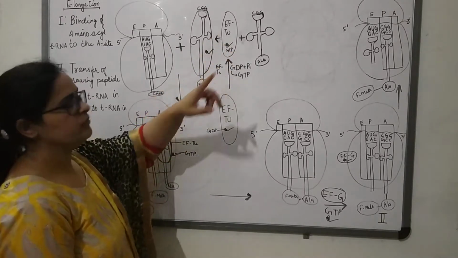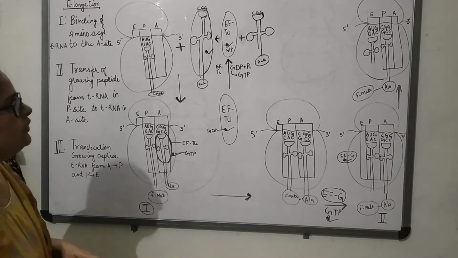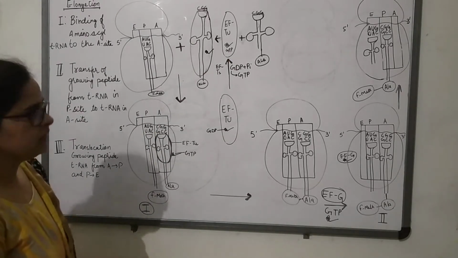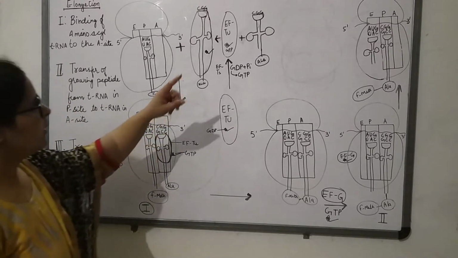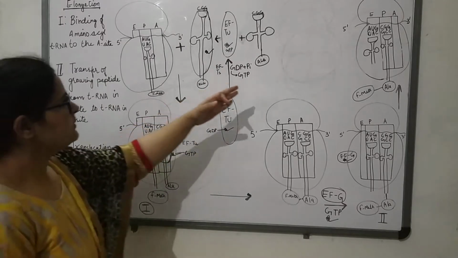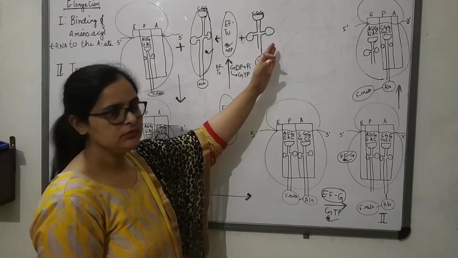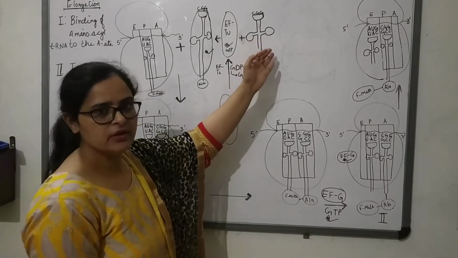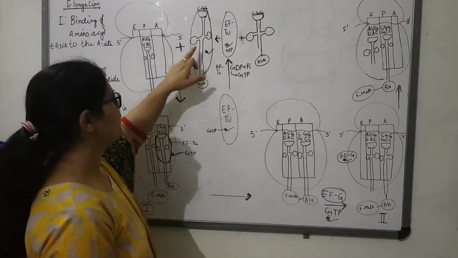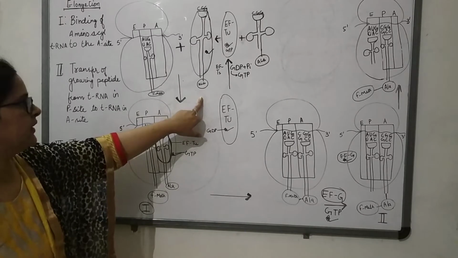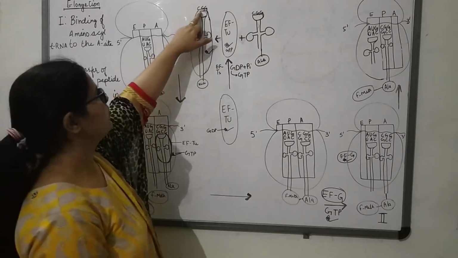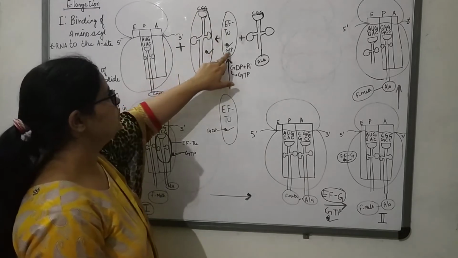EF means elongation factor. EF-Tu is the specialized factor which works in step 1 of elongation. Elongation factor Tu, with the help of GTP plus tRNA, the tRNA carrying alanine, combines to create the charged tRNA, with the sequence CGG, together with GTP.